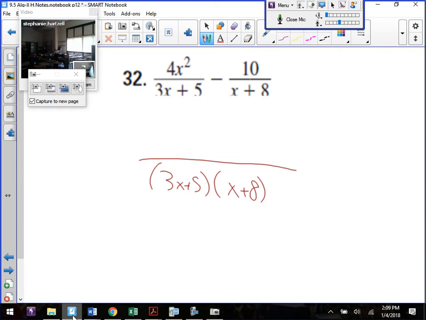Okay? The fraction on the left needs an x plus 8. The fraction on the right needs the 3x plus 5. And now it's a matter of distributive property and combining like terms.